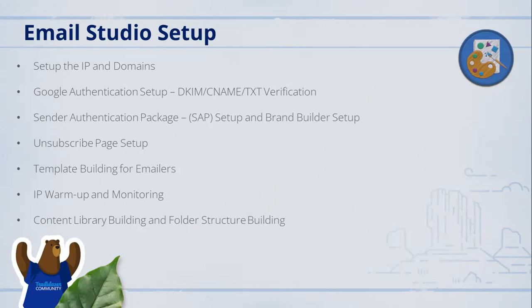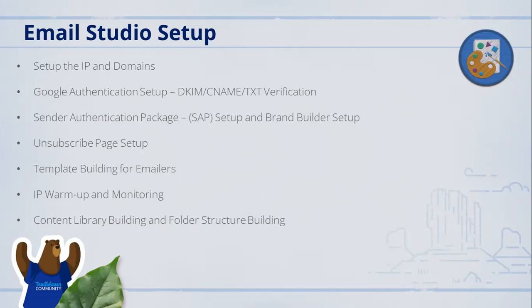So you need to set up the unsubscribe page, build the unsubscribe page, and configure the default page that is there. If you want to build a custom page as well, you can build that custom unsubscribe page, or unsubscription center as it is called, so that you are following the CAN-SPAM Act and allowing users to unsubscribe easily if they want.